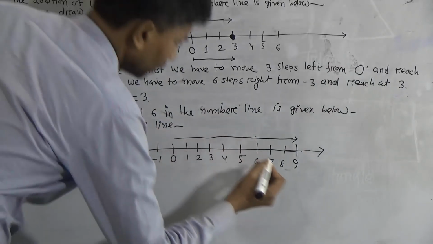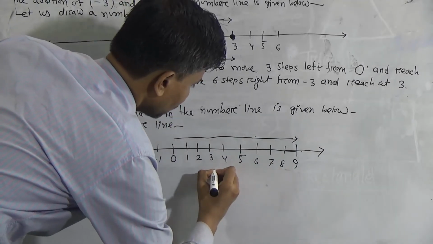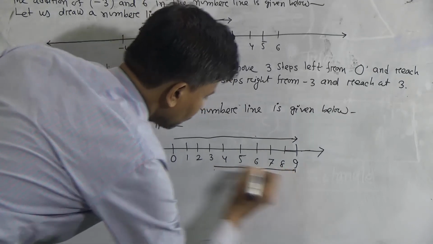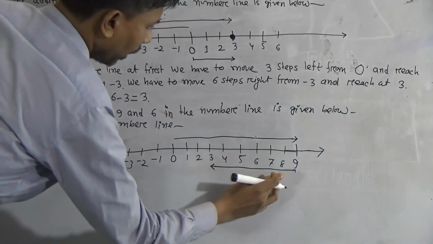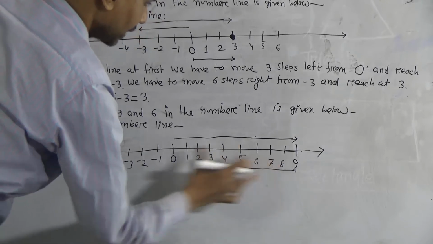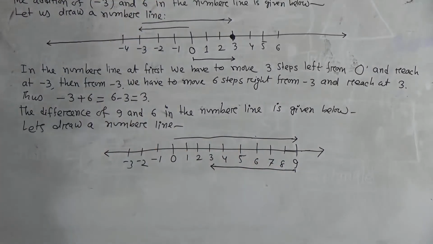Okay, student, look. 1, 2, 3, 4, 5, 6. 6 steps left from 9. And our result will be what? Result will be positive 3.